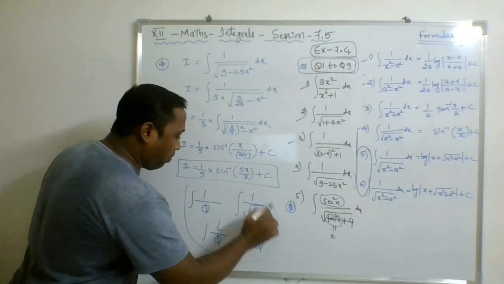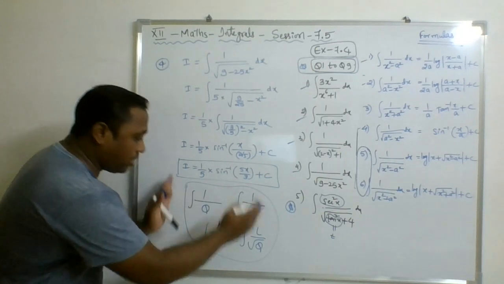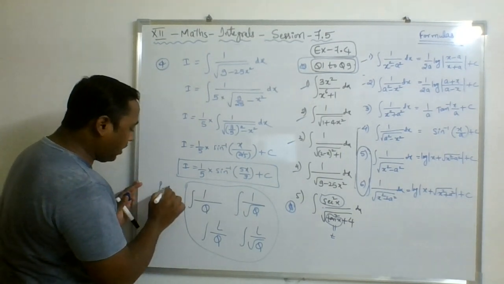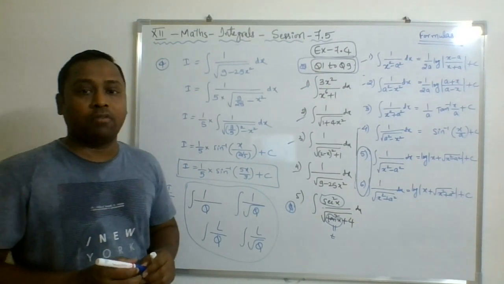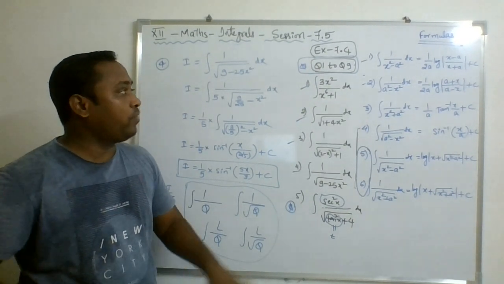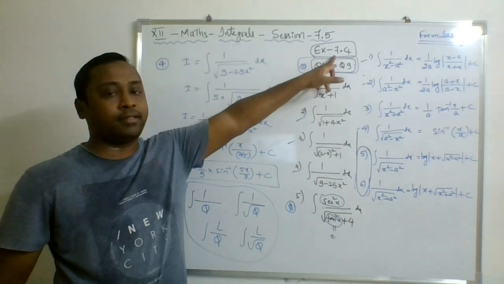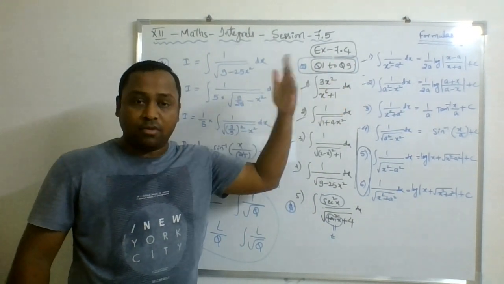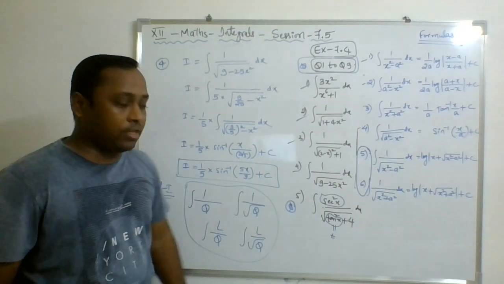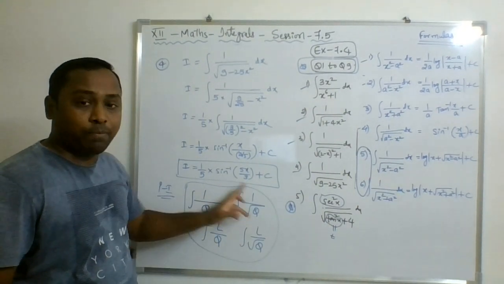So these 4 pattern questions are, you can say, pattern 1. These pattern questions we are going to solve in the next session, which will be a part of the same exercise 7.4 itself. After 9, question number 10 to 15, whatever sums are based on this pattern.